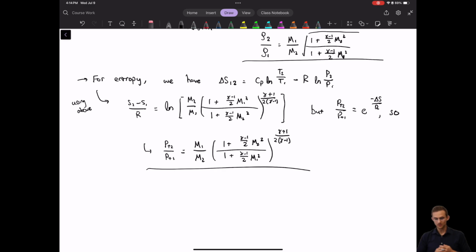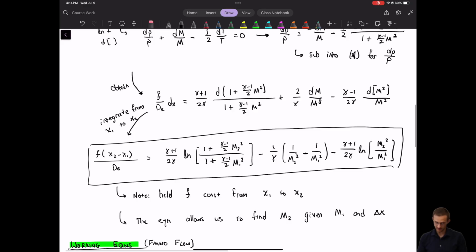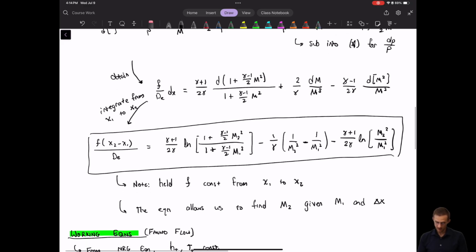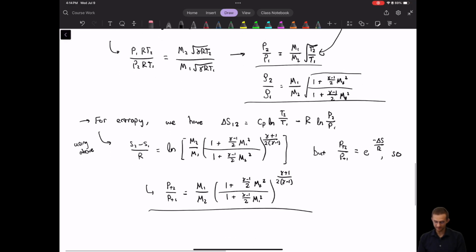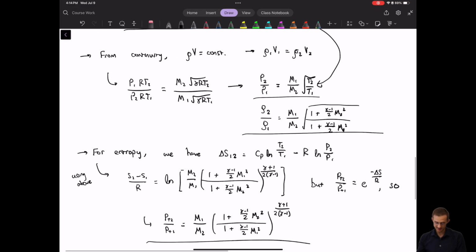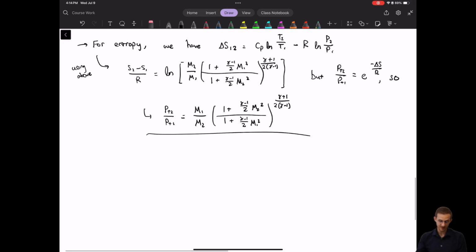We just showed you how, with that prior equation for F times delta X that we have boxed up here, if we're given M1 and an amount of distance down the channel that we'd like to travel, we can get the Mach number at the downstream location, and now we have the downstream properties in terms of the ratios of the Mach number at the upstream and downstream locations.